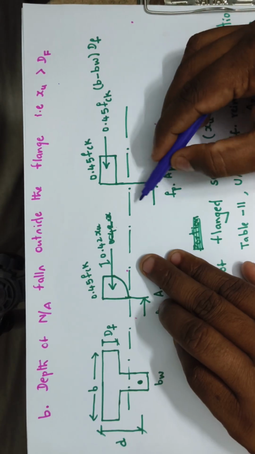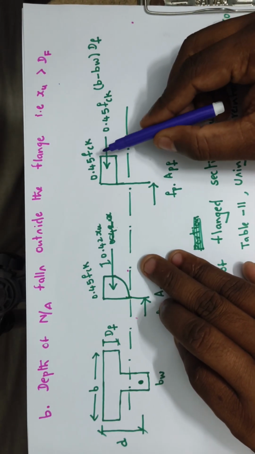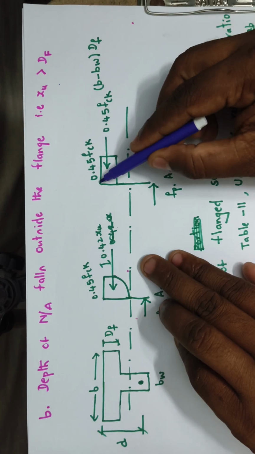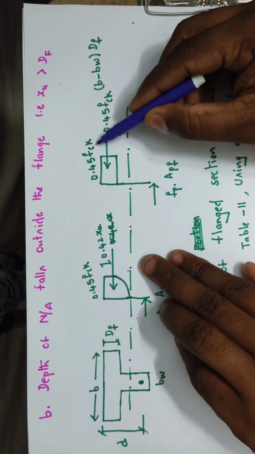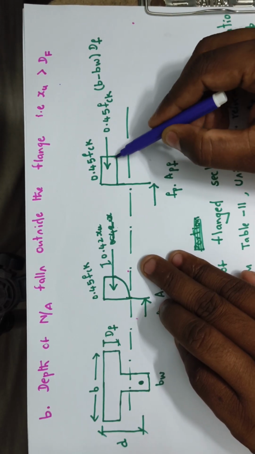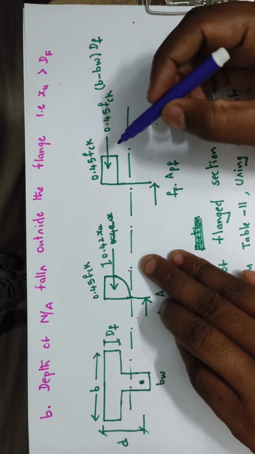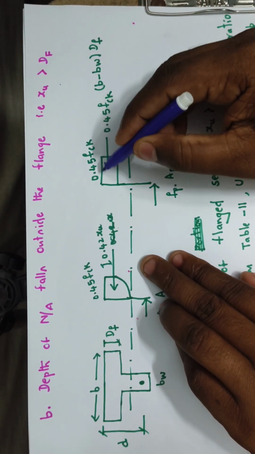Now, this is the new stress block diagram. Here also, the outermost compression fiber has a stress of 0.45 fck. But here, on the compression side, we have a rectangular portion.